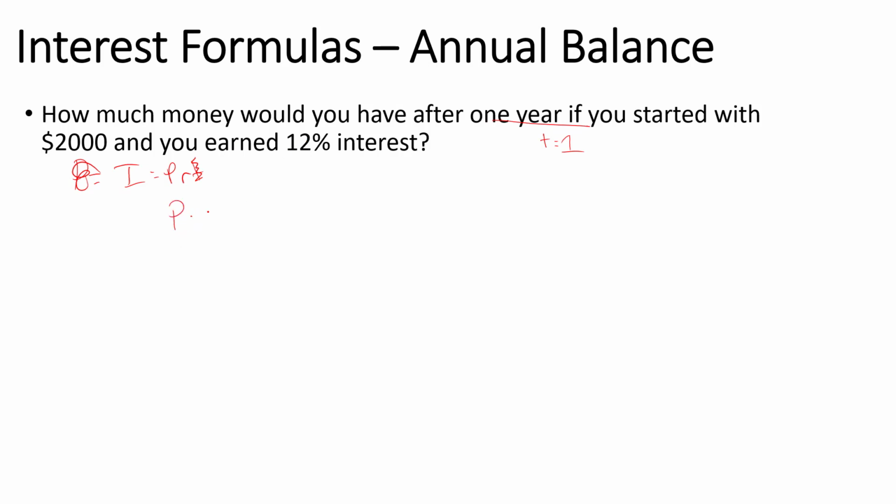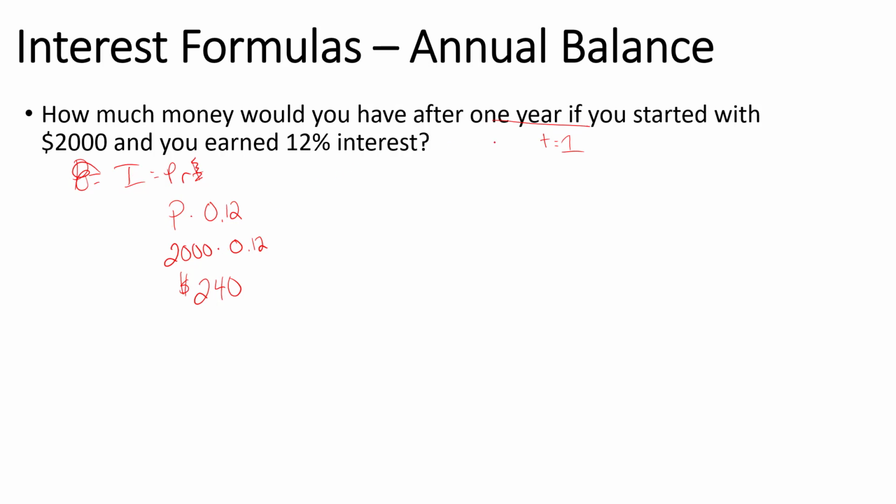Principal times 0.12. Well, our principal is 2,000, so 2,000 times 0.12. Now, when you multiply 2,000 times 0.12, you get $240. $240 is the amount of interest.